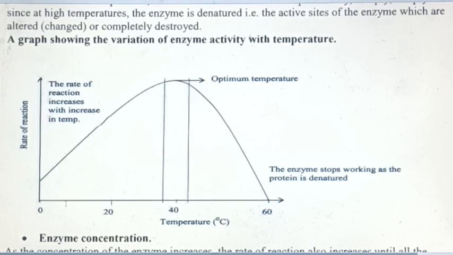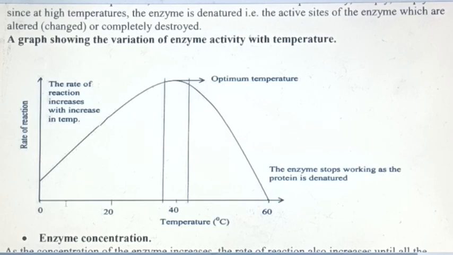But if you continue to increase the temperature, the rate of reaction decreases again. This is because these enzymes are protein in nature. Being protein in nature, their structures can be altered or changed or completely destroyed in the presence of extreme heat.